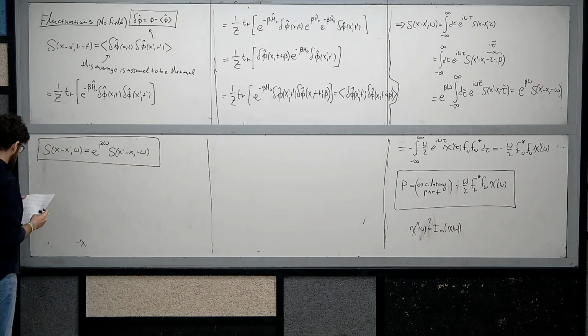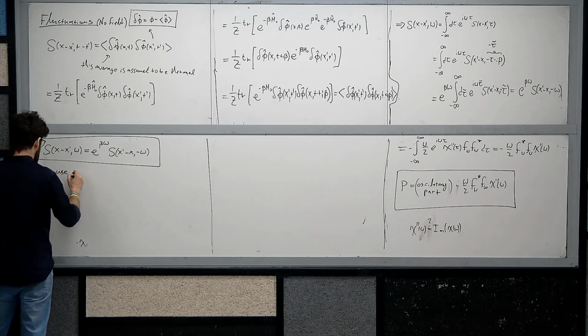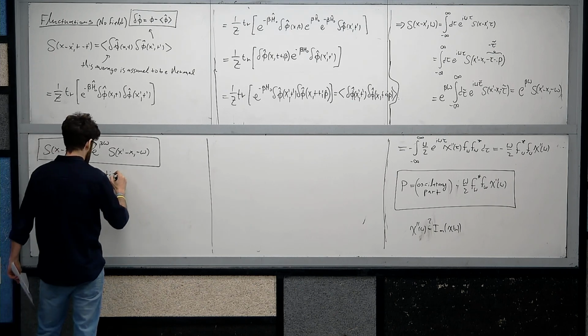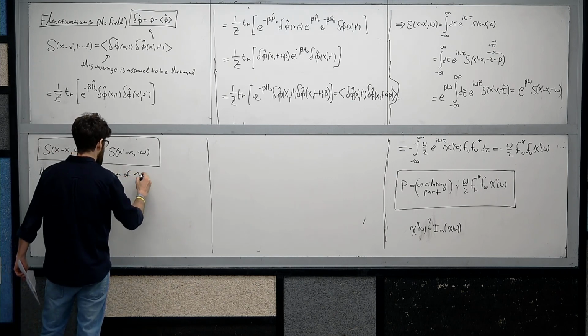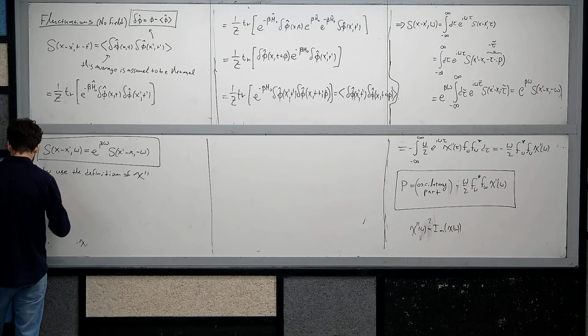And now we can use the definition of chi double prime to write chi double prime of x minus x prime and omega.